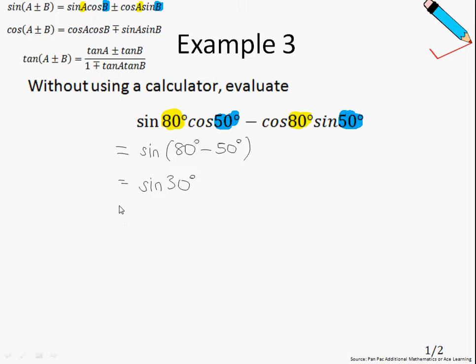Recall our special triangle. If you've forgotten this triangle, you can go back and review the video on special angles. Using this triangle, sine of 30 degrees is just opposite over hypotenuse, which is half. That's your answer for example number 3.